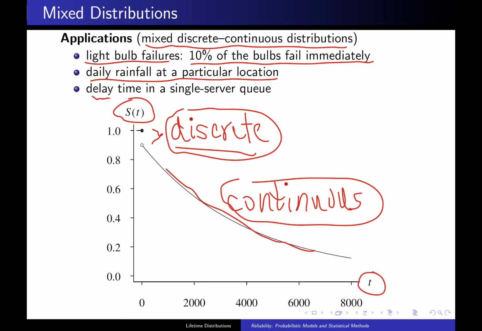Finally, the last one in queuing theory, the delay time in a single server queue. So this is how long you have to wait in the queue. It might be the case that 10% of the customers, these lucky ones right here, don't have to wait at all. And then the 90% of unlucky ones wait, and that follows this particular survivor function here. That's an example of a mixed distribution, part discrete, part continuous combined.